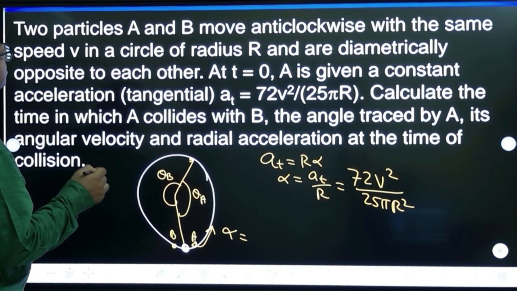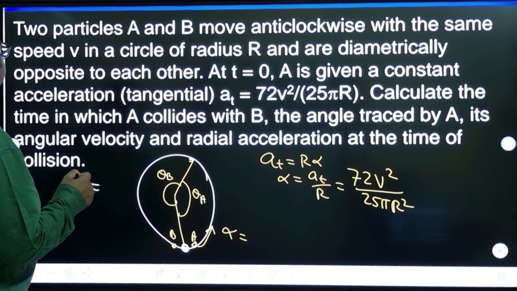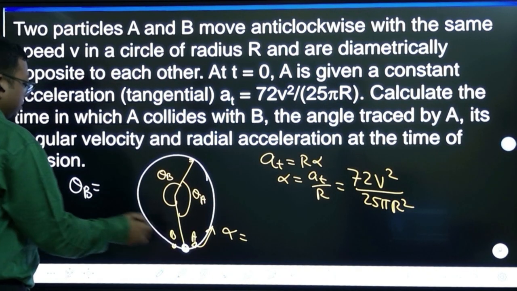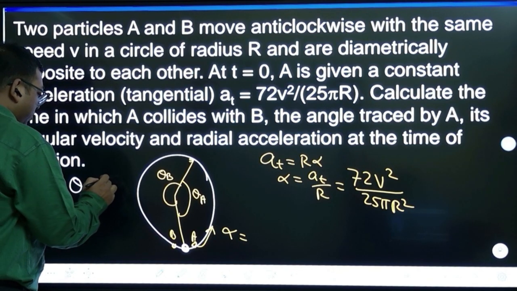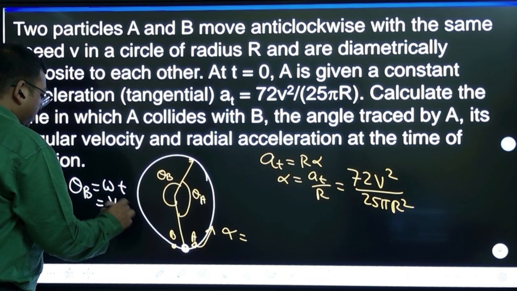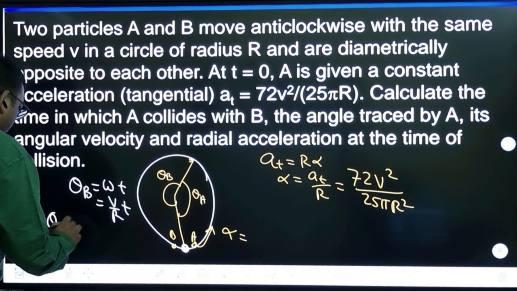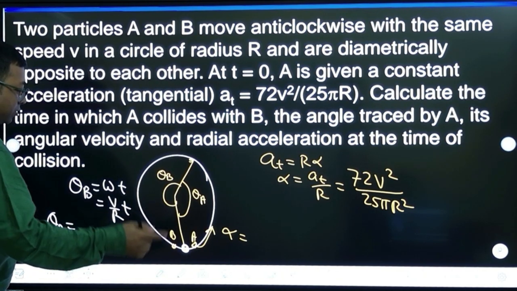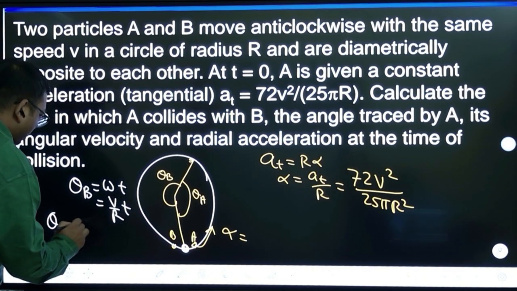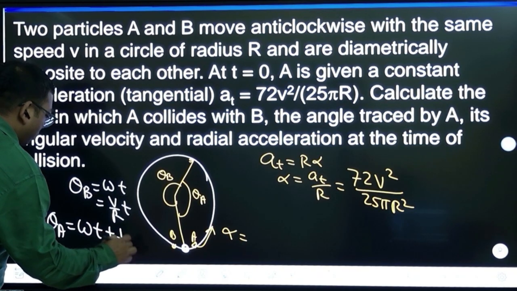Because the other is going with a constant speed, that speed is v only. So omega is v by r into time, that is theta B, and theta A will be omega t plus half alpha t squared. So omega is same, initial is same, omega t plus half alpha.